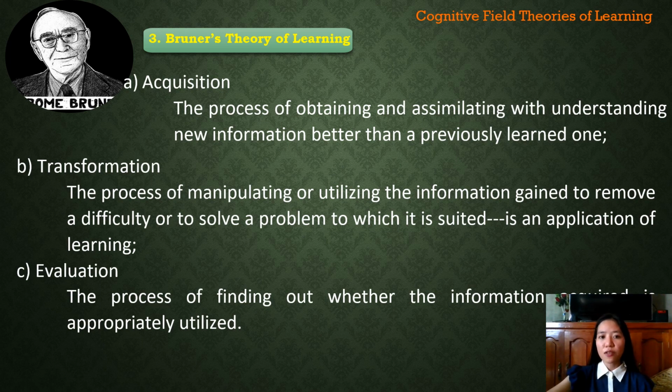This theory involves three processes, namely acquisition, transformation, and evaluation. Acquisition is the process of obtaining and assimilating new information with better understanding than the previous one. Transformation is the manipulation or utilization of information gained to remove a difficulty or to solve a problem to which it is suited.